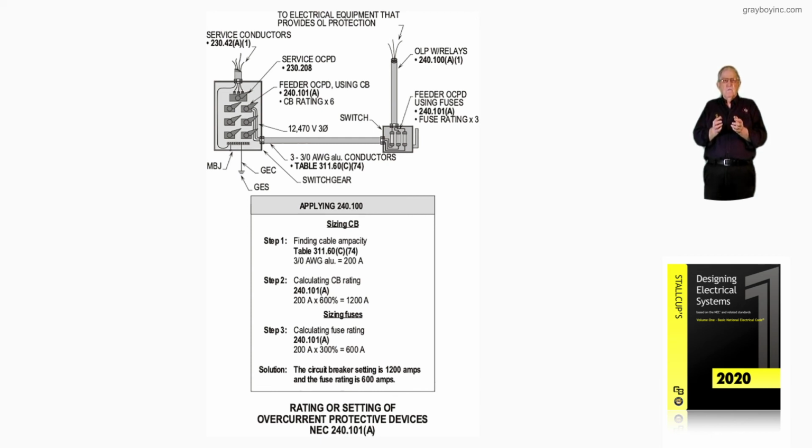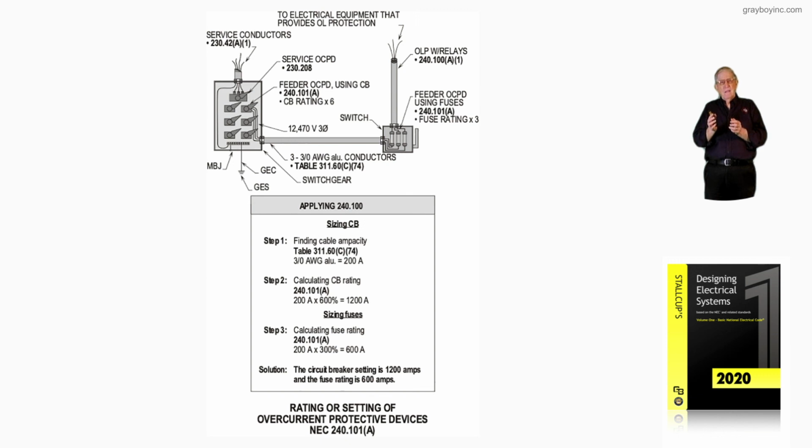So that's what this figure 9-46A is illustrating when we want to use circuit breakers or fuses, in this case for a feeder. And you notice to the left, in the service equipment, circuit breaker type equipment is arranged and installed by 490.21(A).